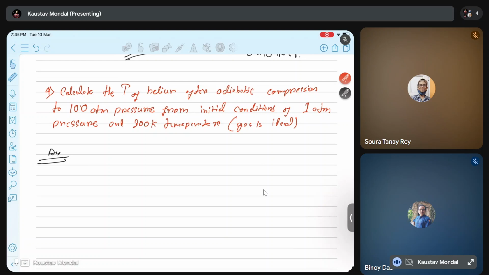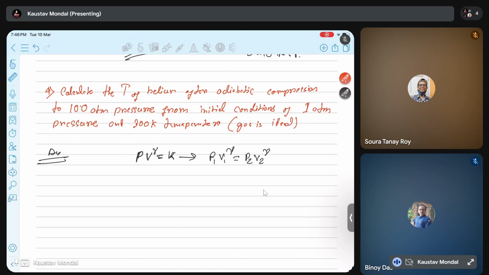Since it's an adiabatic process, for an ideal gas it follows this kind of relation: PV to the power gamma equal to some constant K. So you can write it like this: P1 V1 to the power gamma equal to P2 V2 to the power gamma, right?